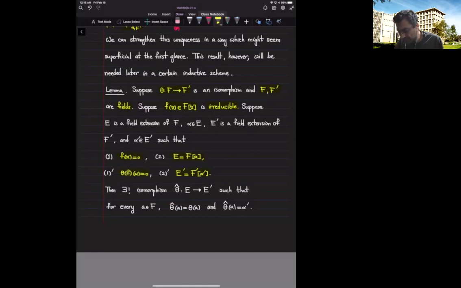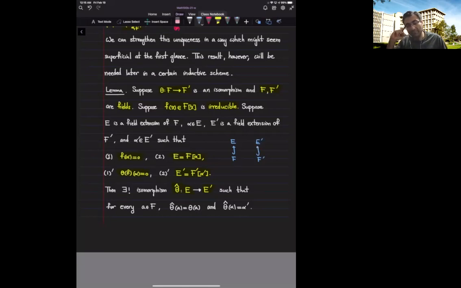Under these assumptions, there is a unique ring isomorphism that I'm going to denote by theta hat from E to E prime, such that when I restrict it to F, remember, E is a field extension of F, so F can be embedded into E, and F prime can be embedded into E prime. You see this kind of hook shape.